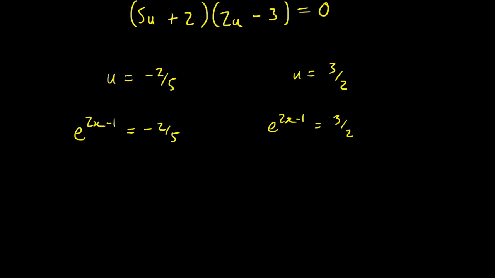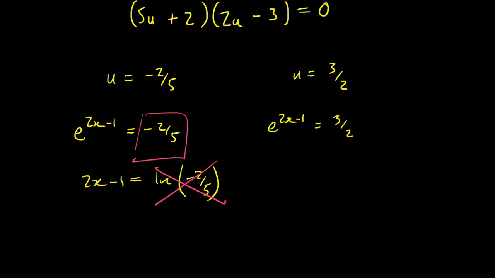Well, if we were to natural log both sides, 2x minus 1 will equal the natural log of negative 2/5. Well, that's not possible, right? We can't have a natural log of a negative, or another way of looking at it is it doesn't matter what x is, you're not going to get a negative here. Okay, so that one is not possible. There are no solutions for that.